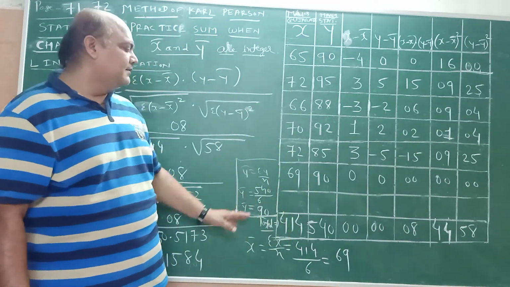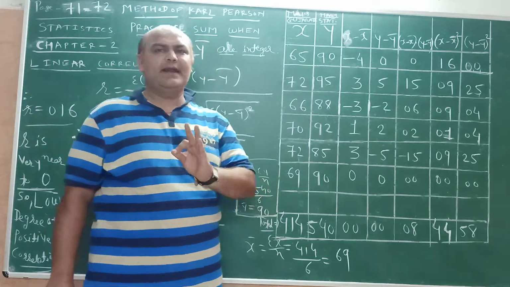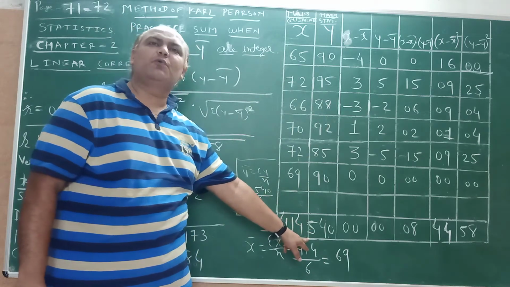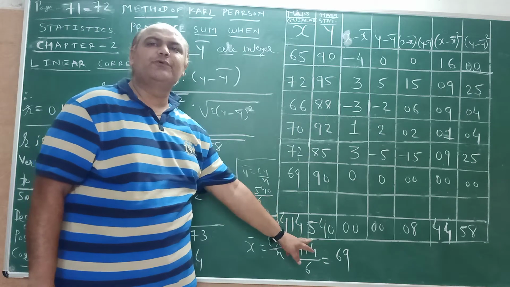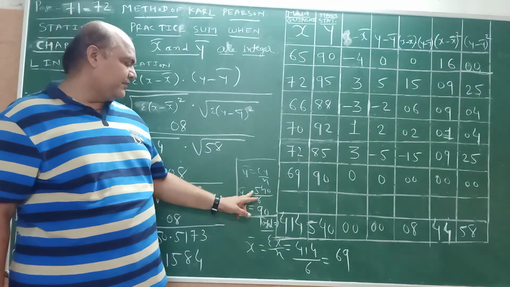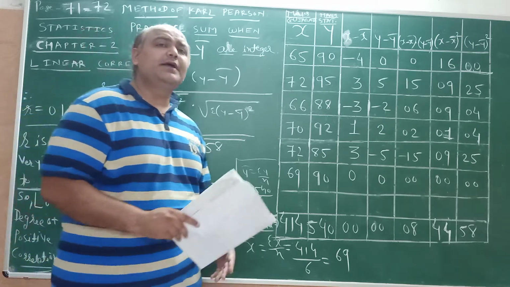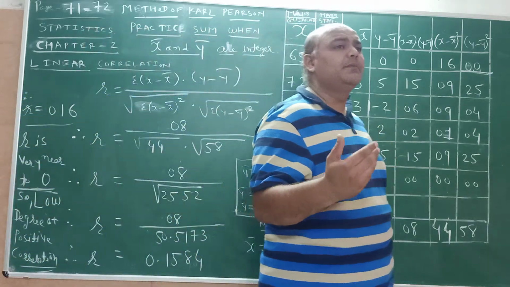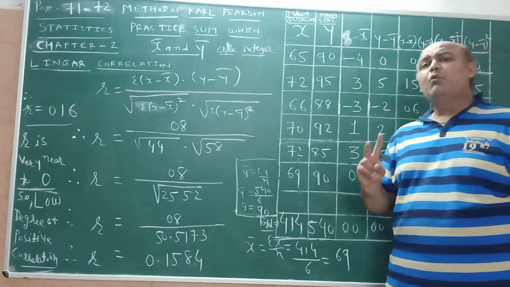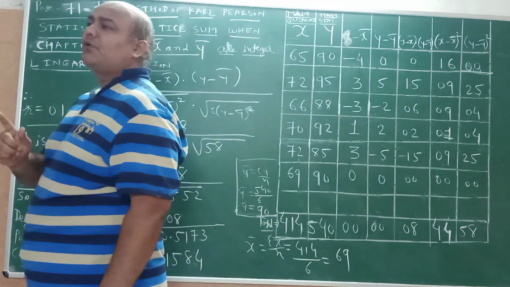Now we find y bar. Y bar means sigma y upon n. Sigma y, the total of column of y, is 540, so 540 upon 6 is 90. So here, my friends, you all can understand that the answers of x bar and y bar are both integers, not in fraction, not in point.